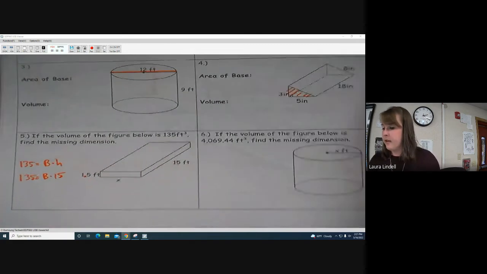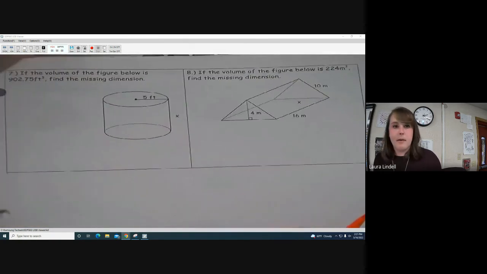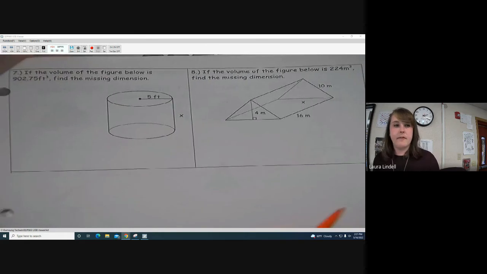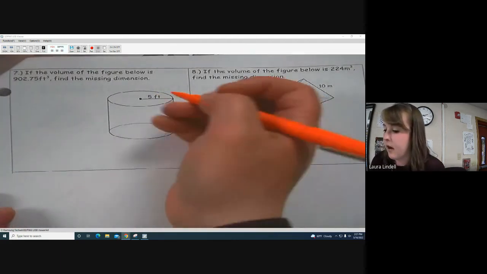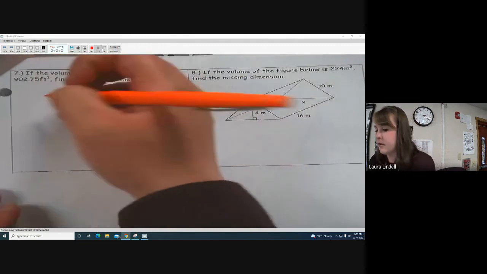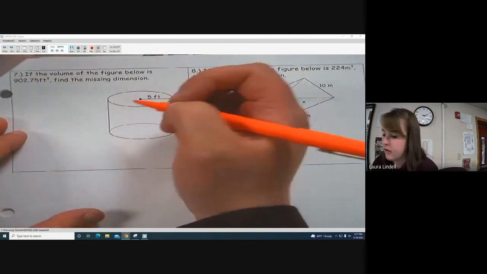And then finally on the back, we've got a couple more. Same kind of thing. If the volume is something, find the missing dimension. On ones like the cylinder, well, we know cylinders, the area of the base is pi r squared.